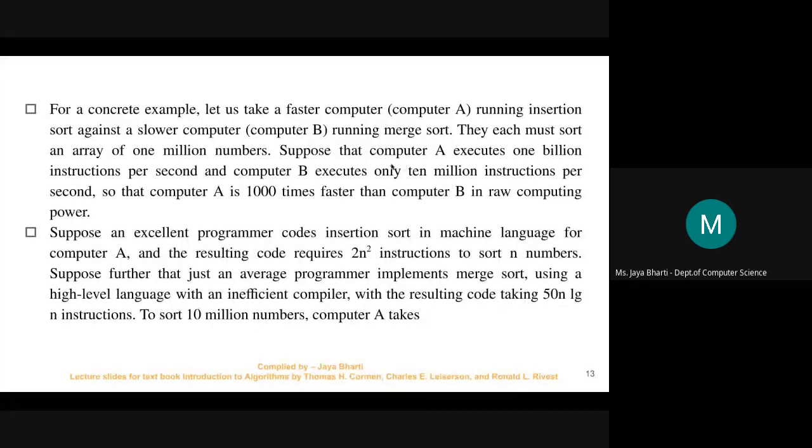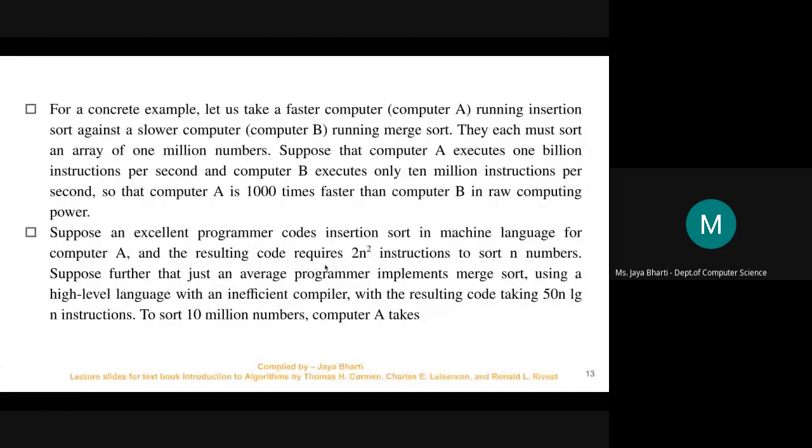Suppose that computer A executes 1 billion instructions per second, because it is the fastest computer, and computer B, the slow computer, executes 10 million instructions per second. So A is 1,000 times faster than computer B in raw computing power.